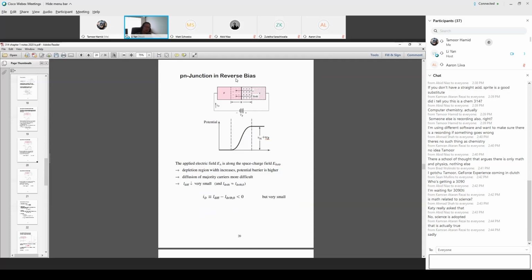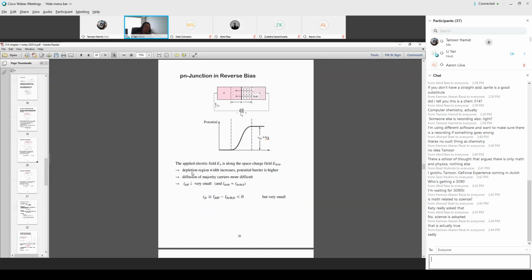Under reverse bias configuration, the internal field and the externally applied electric field point in the same direction. That just enhances the overall electric field in this space charge region, so the potential barrier gets increased, gets higher. Stronger potential barrier. Okay, we understand the potential barrier's action.